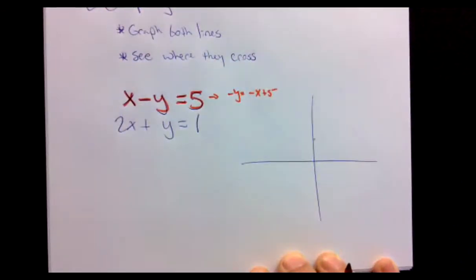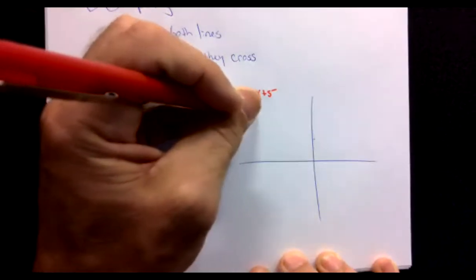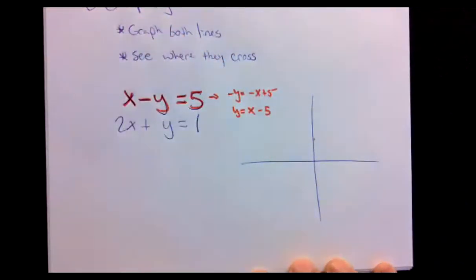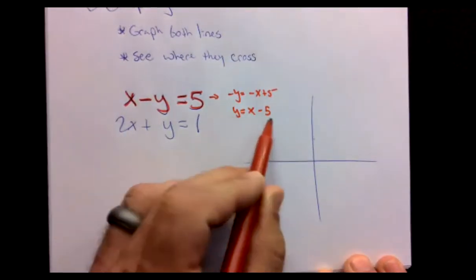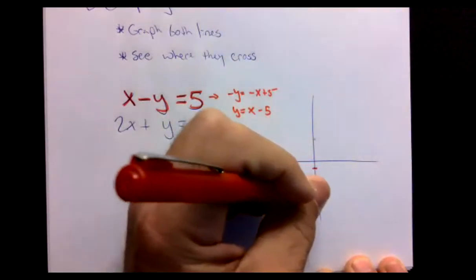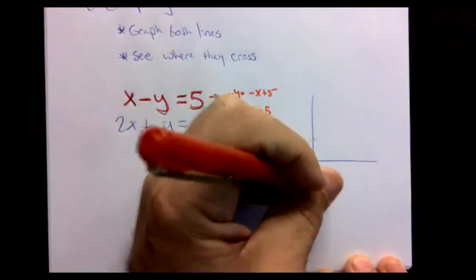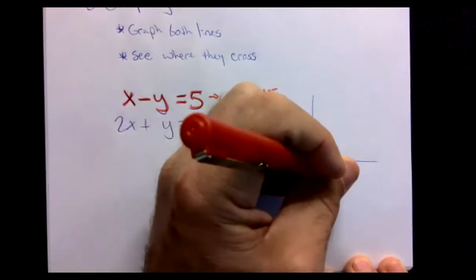So negative y is going to equal negative x plus 5. And then if I divide everything by negative 1, y equals 1x minus 5. Now, when you have the y by itself, we get y equals mx plus b. This negative 5 is my y-intercept. My slope is 1, so rise 1, run 1.